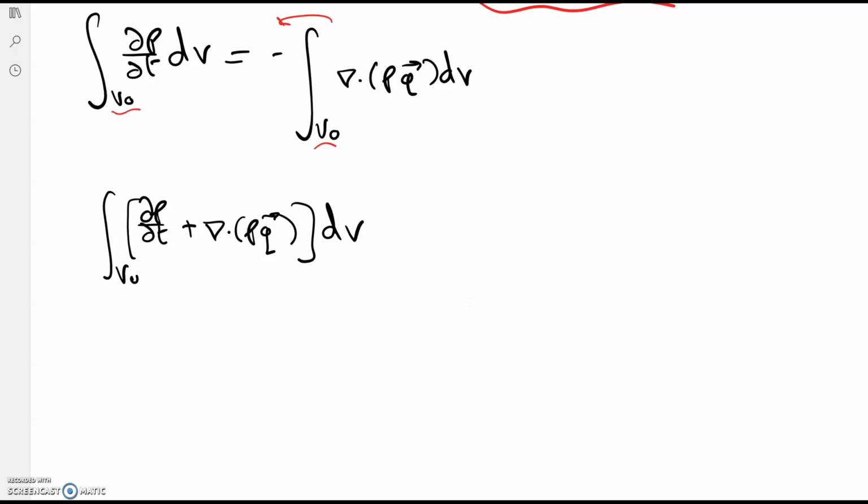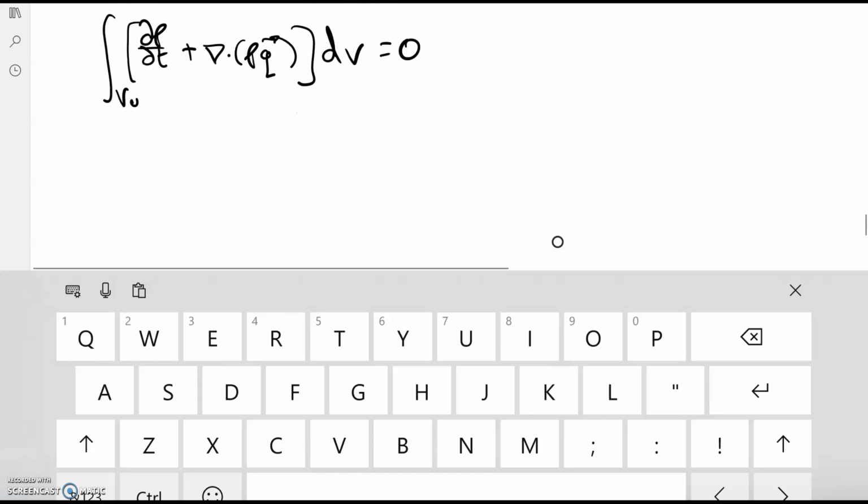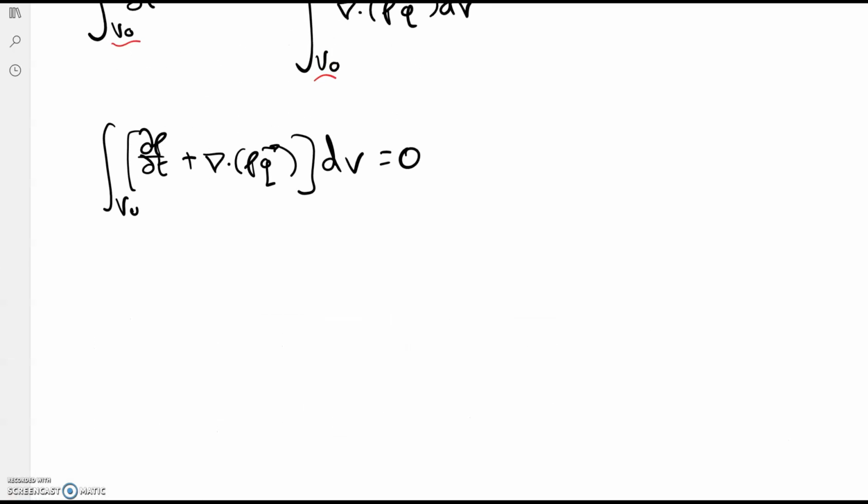Of course that's equal to 0 because we just took it over to the other side. But because the integral is 0, that implies that the integrand must be 0. So the integrand is 0. Then we have that ∂ρ/∂t plus the divergence of J, which is ρq, is equal to 0.